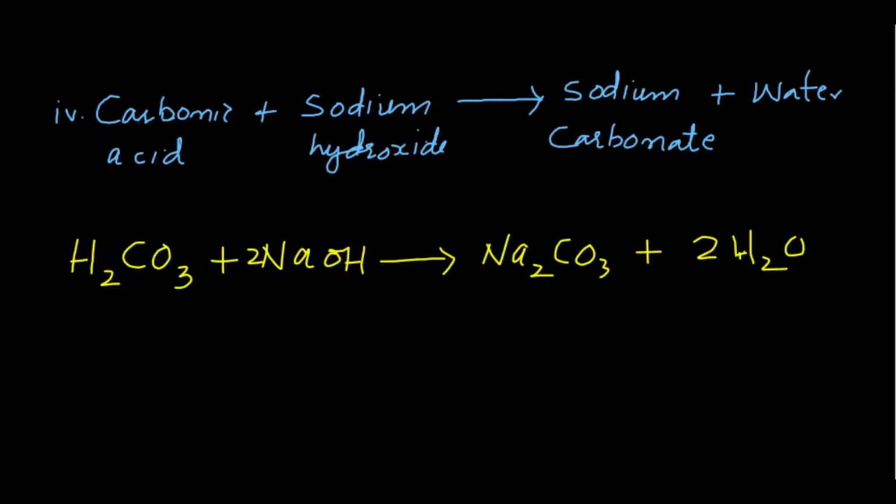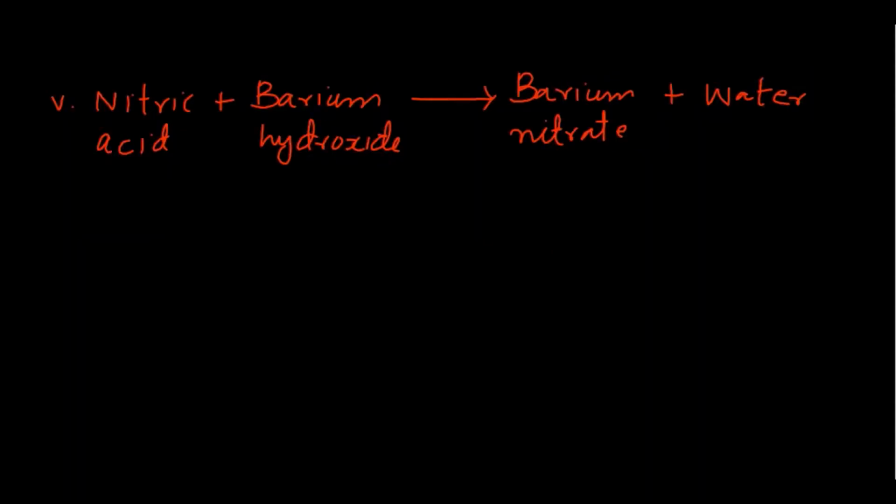Now students, we will see the next word equation which is given. The next equation is the reaction between nitric acid and barium hydroxide to form barium nitrate and water. So we will write the balanced chemical equation for this word equation. Nitric acid, HNO3 is nitric acid, barium hydroxide, Ba(OH)2.